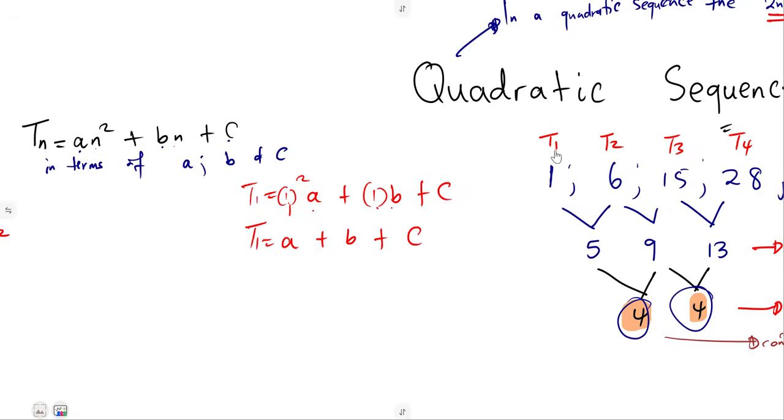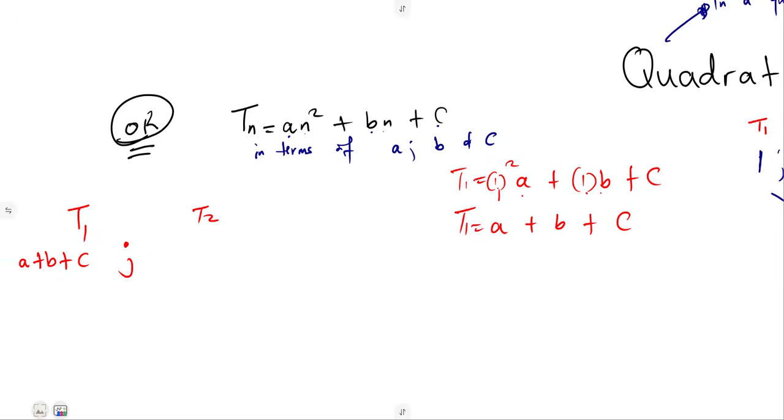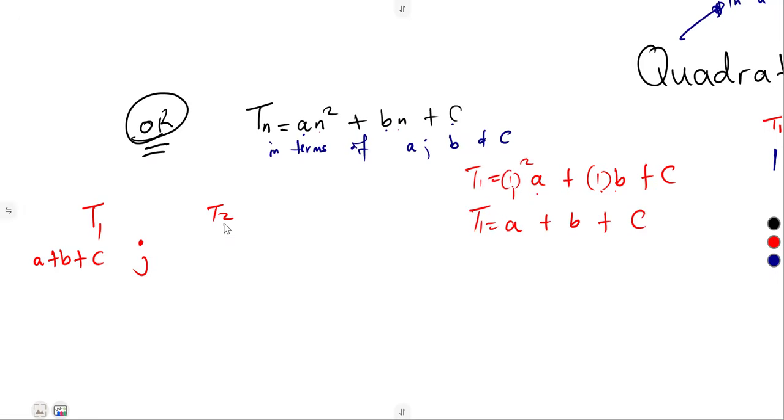Here we had the first term, second term. So let's say we need to find the second one. n is 2. So for the second term, our n is 2, and in place of n, we put a 2 in this general format. So what are we going to have at the end?